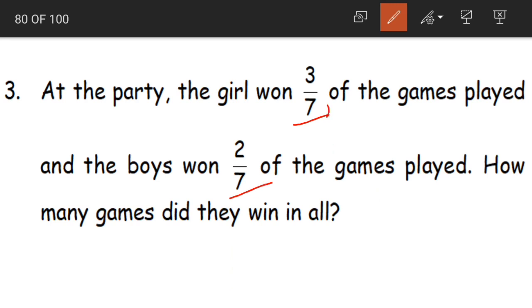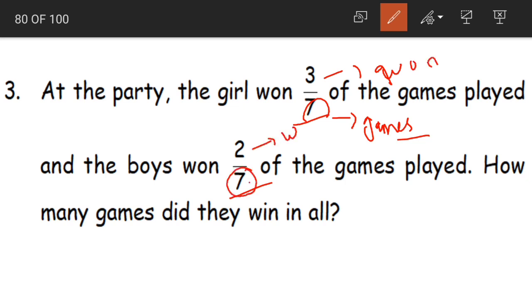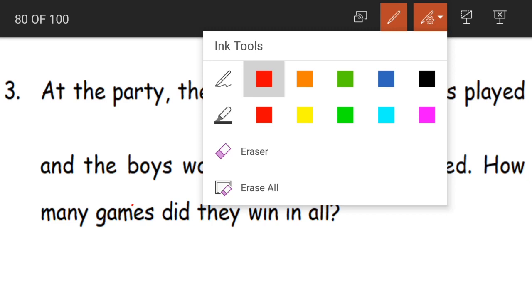What does this mean? That means that there were 7 games conducted in total, out of which girls won 3 games. And again, out of the same 7 games, boys won 2 games. Yes, they won those games. That means they came first. Girls came first in 3 games and boys came first in 2 games.